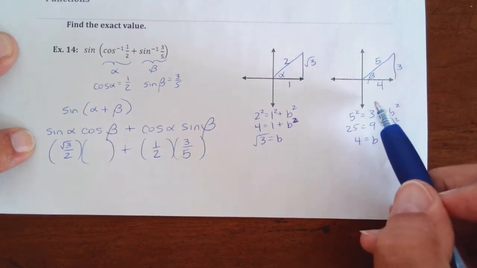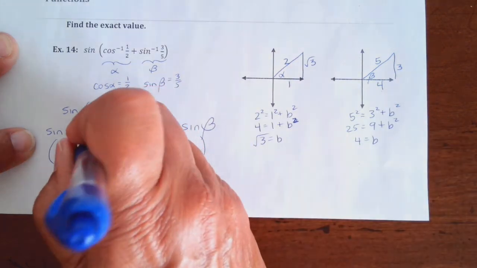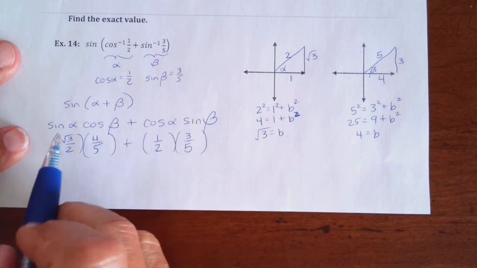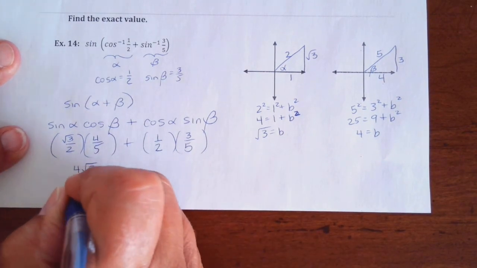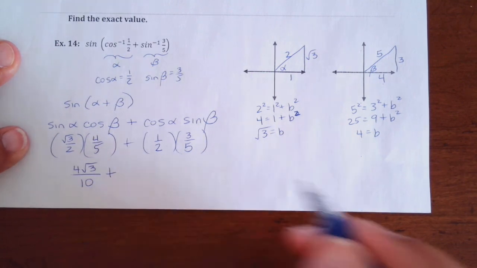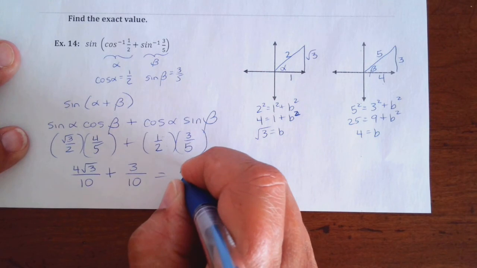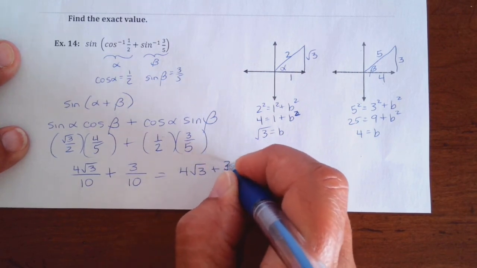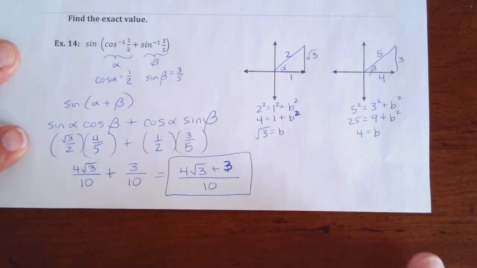So now I know that the cosine of beta is 4/5, adjacent over hypotenuse. Multiply this out, we get 4 square root of 3 over 10 plus 3 over 10. So we get 4 square root of 3 plus 3 over 10. So there is that exact value.